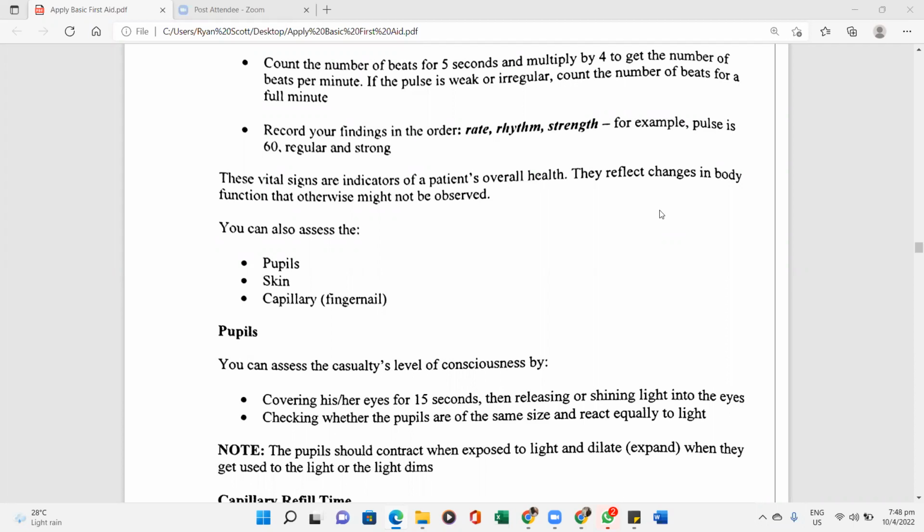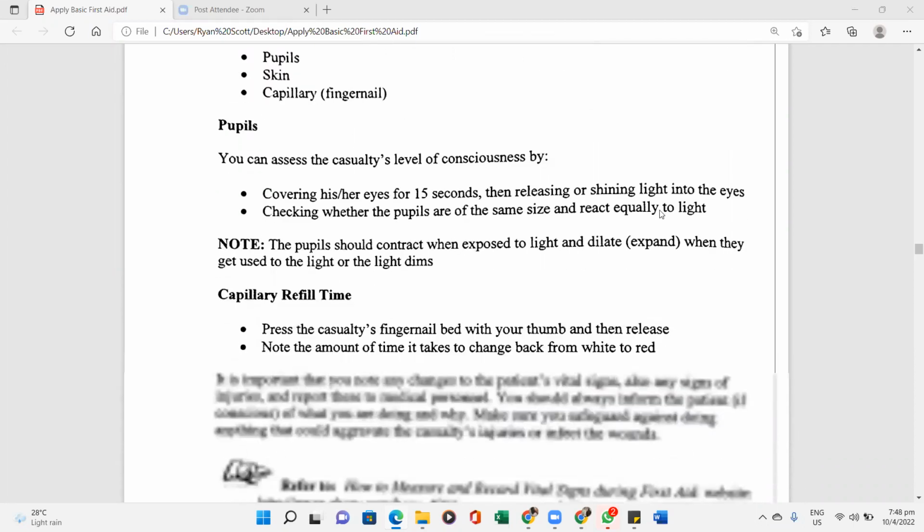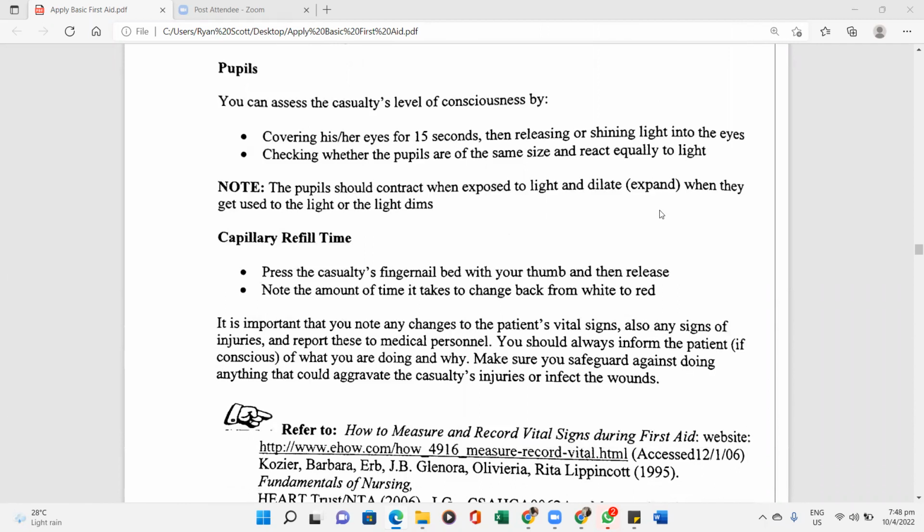For the pupils of the person, you can assess the level of consciousness using the pupil. Covering his or her eyes for 15 seconds. Say, put your hands over the person's eyes for 15 seconds. Then, when you lift off your hand, you shine a light into the eye, and you check to see if the pupil is going to dilate, or if it remains dilated, or if it's going to get smaller.